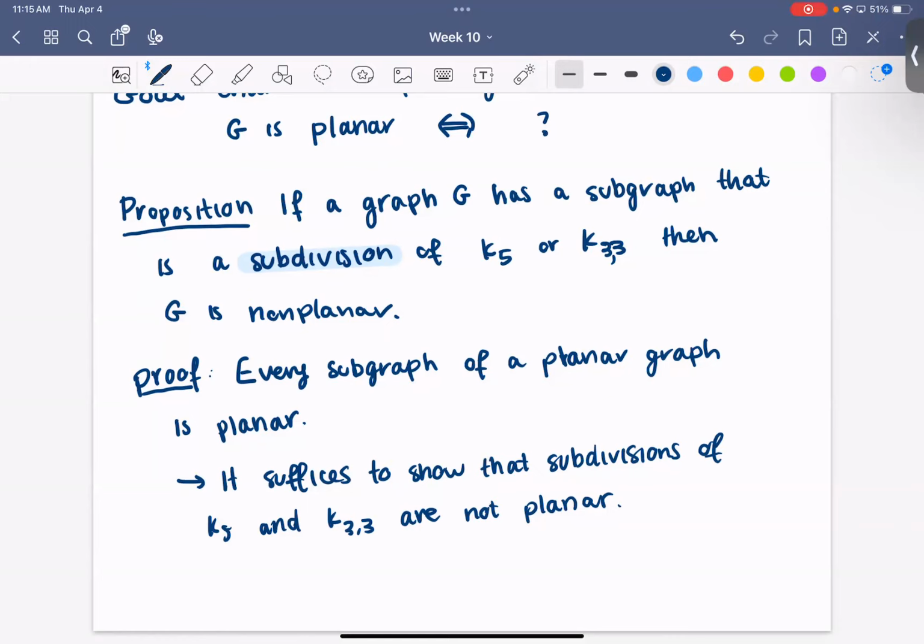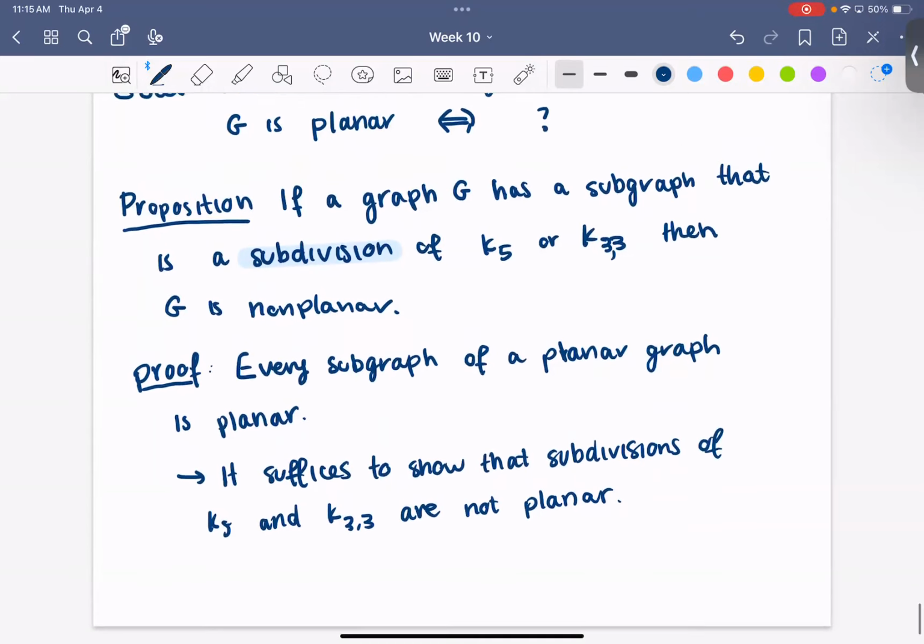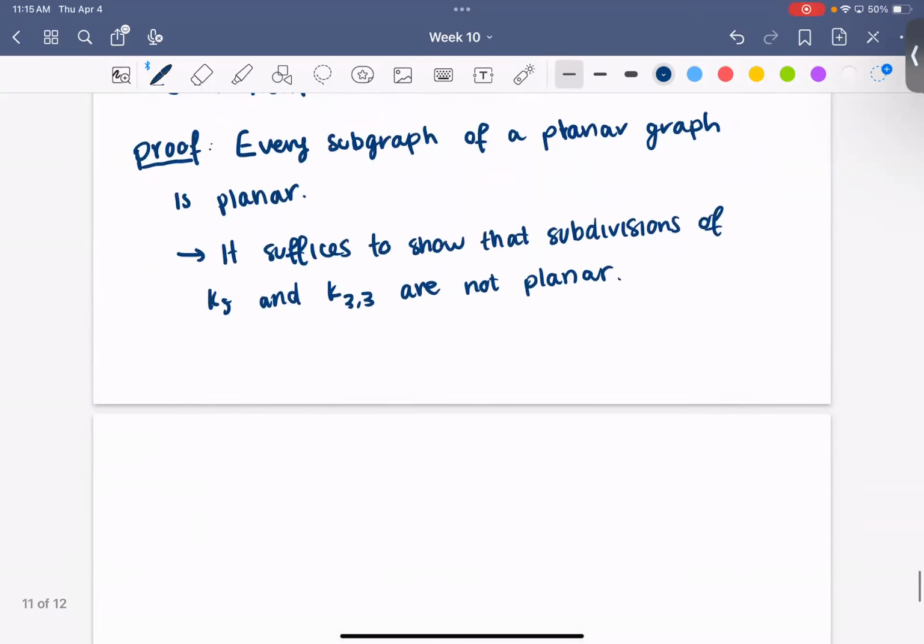So then let's just observe that subdividing edges is not going to affect planarity.